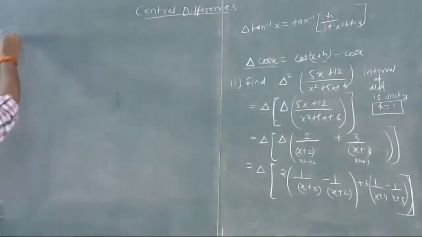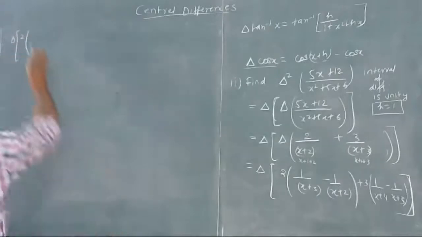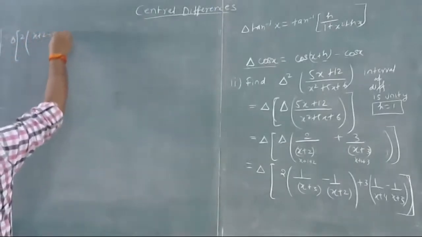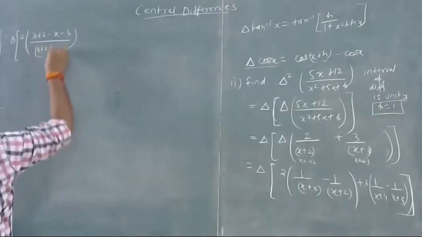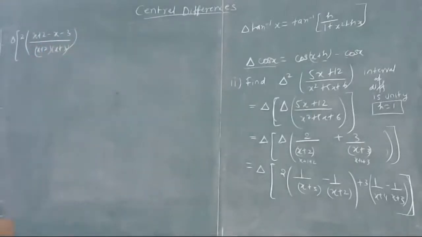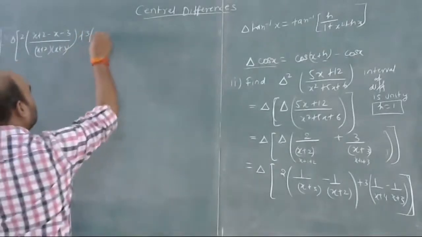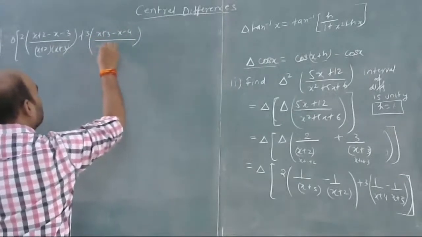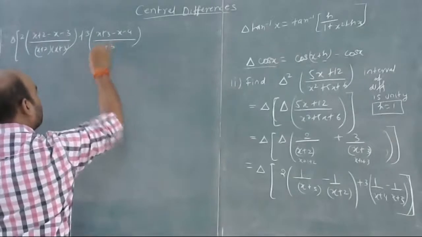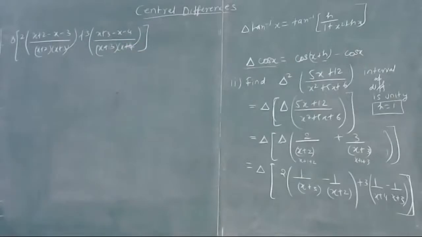Now, so this will be equal to del of 2 times (x plus 2 minus x minus 3) divided by (x plus 2)(x plus 3), plus 3 times (x plus 3 minus x minus 4) divided by (x plus 3)(x plus 4). Okay.